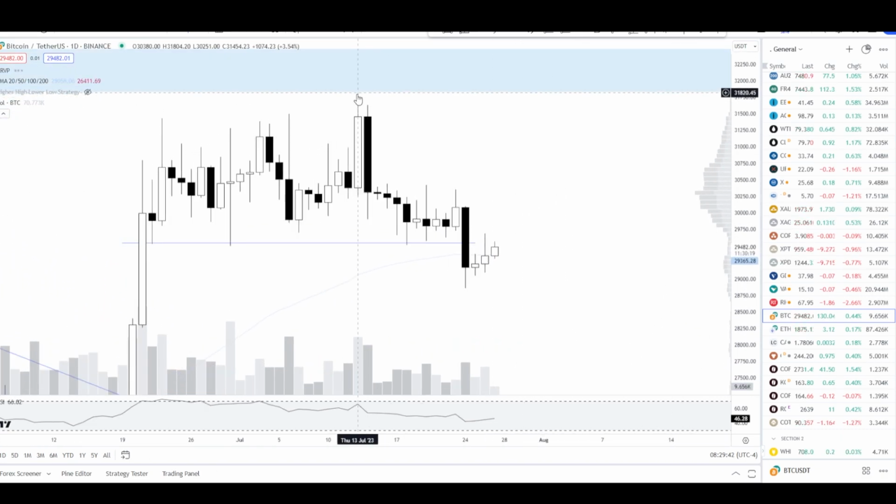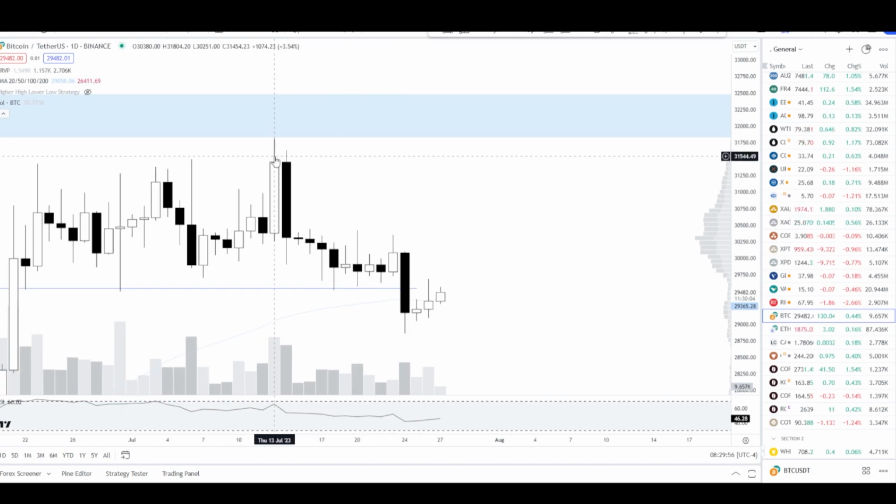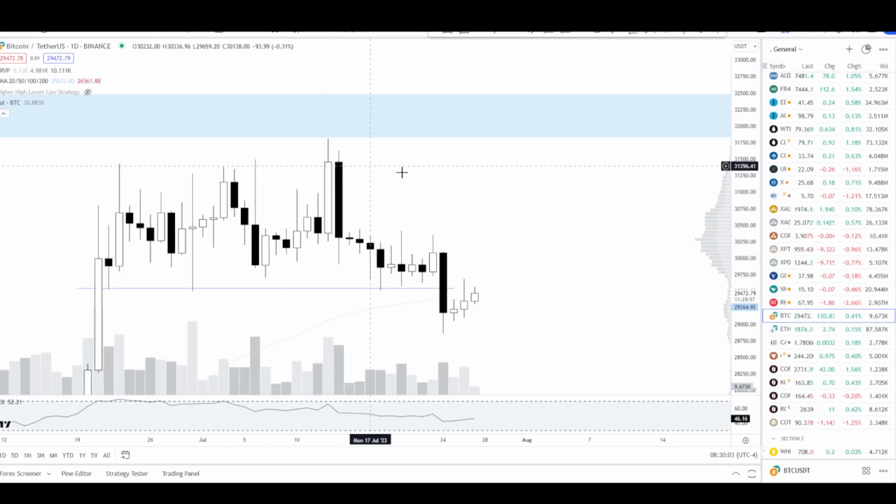Back then, this very strong bullish candle was indicating a possibility of reaching through those highs. However, what happened right afterwards, the daily candle, was the one that really pushed us back lower.